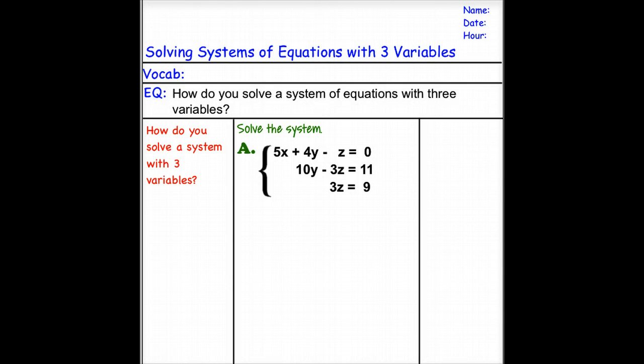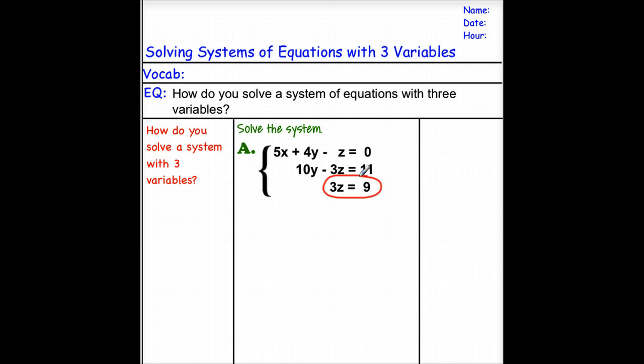The final lesson in Chapter 3 involves solving systems of equations that have 3 variables, as opposed to the 2 we started our unit off with. As I look at this first system of 5x plus 4y minus z equal to 0, 10y minus 3z equal to 11, and 3z equal to 9, the first thing that strikes my notice is this 3z equal to 9.